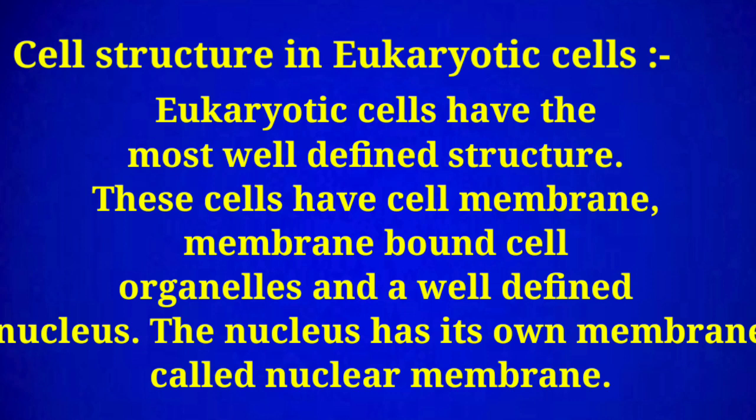Eukaryotic cells have the most well-defined structure. These cells have a cell membrane, membrane-bound cell organelles, and a well-defined nucleus. The nucleus has its own membrane called the nuclear membrane.